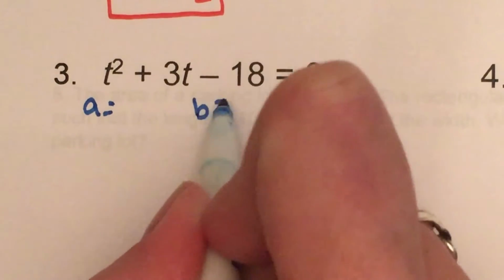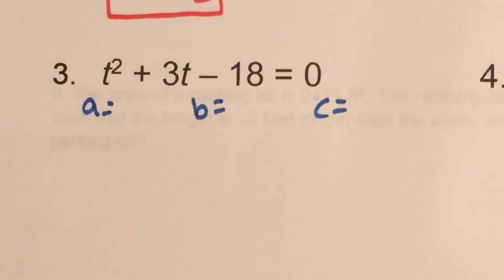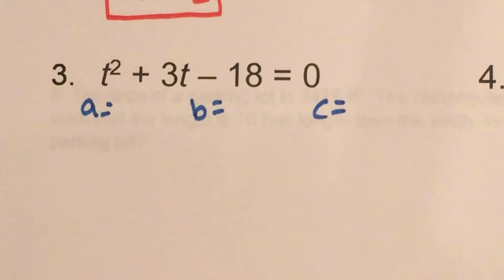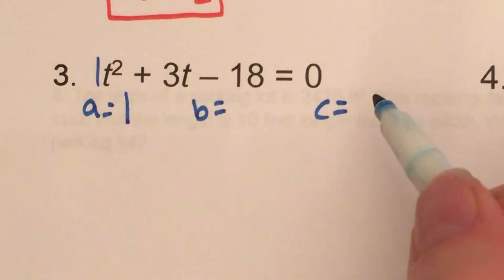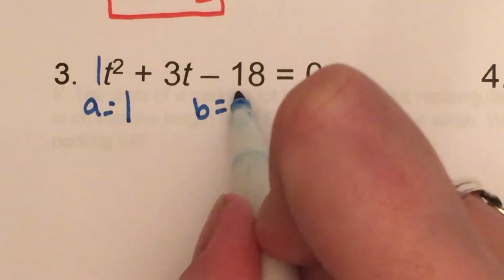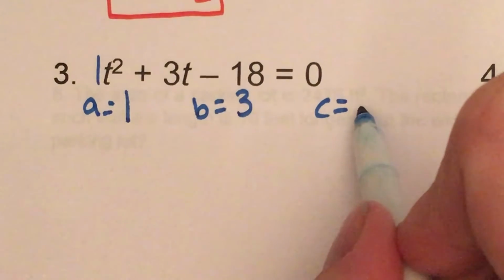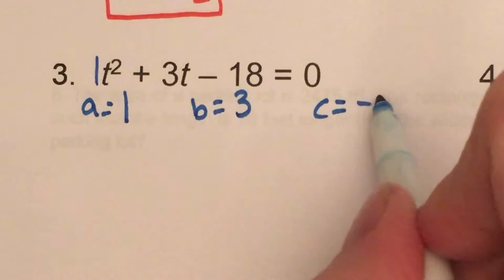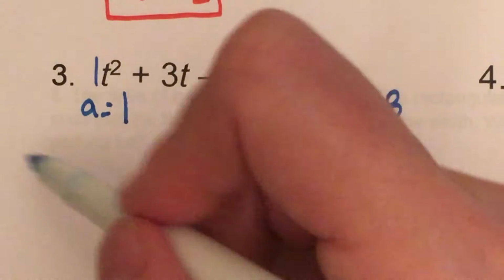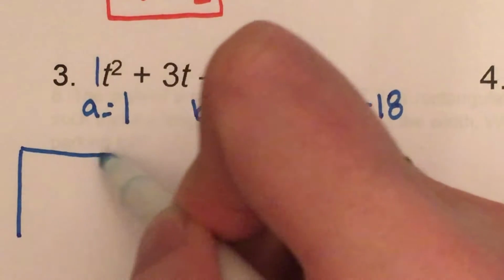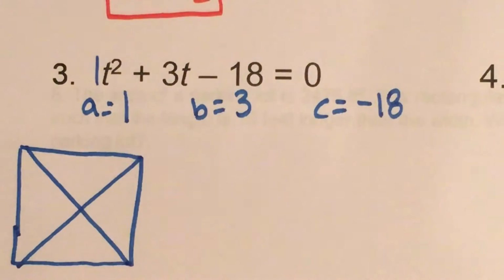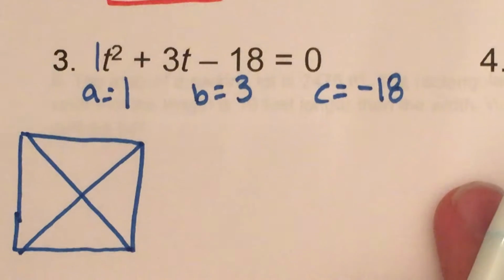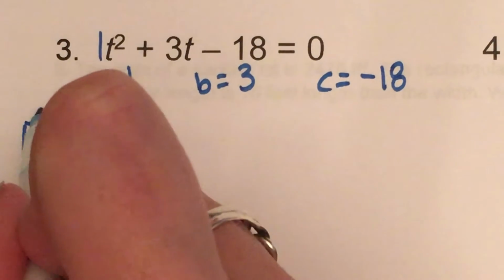A, B, C. What's the value of A? Good, it's a 1. What's the value of B? Yep, it's a 3. And C, you got it, negative 18. Let's draw our box with the X in it. What goes on the top of this box? Remember?